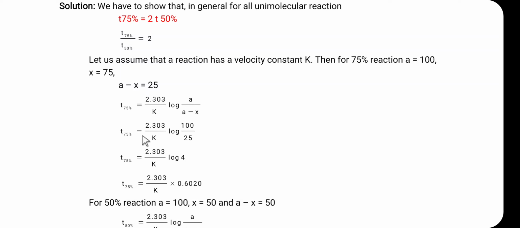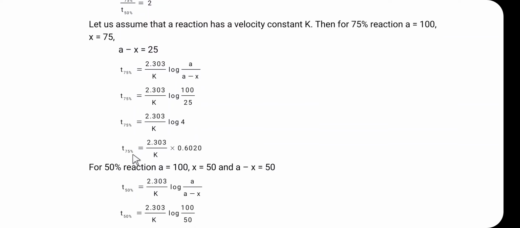So, T 75% is equal to 2.303 divided by k log of 100 divided by 25. So, finally T 75 is equal to 2.303 divided by k into 0.6020. So, this is the time for the 75% reaction to take place.